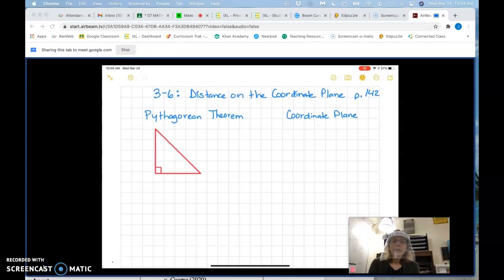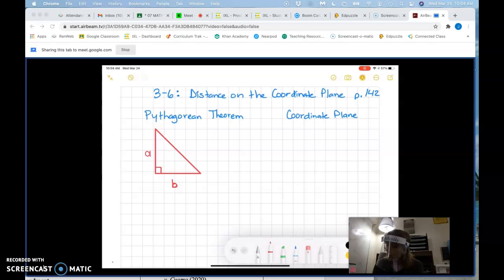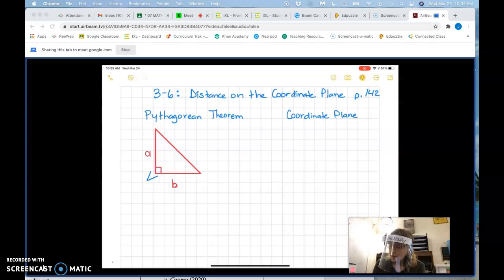So the Pythagorean Theorem is a formula that we use when we're dealing with right triangles, and it helps us to find the sides of the triangle. So remember, my two legs, the pieces that are touching the right angle, are called legs, and they're called side A and side B. And then this side over here across from the right angle is called the hypotenuse.